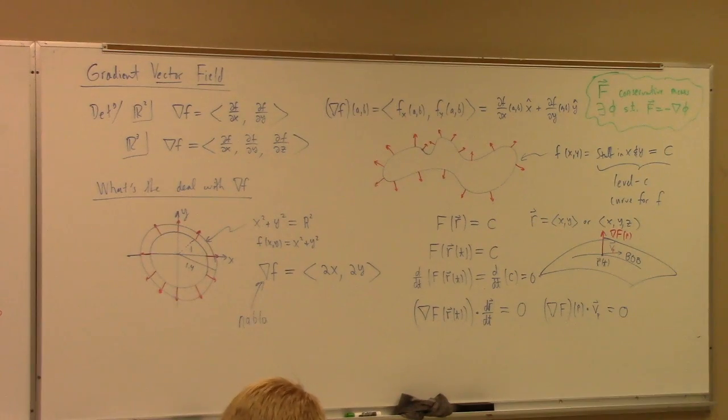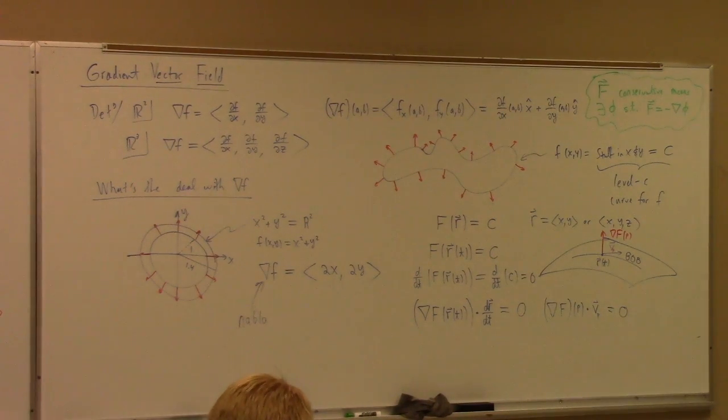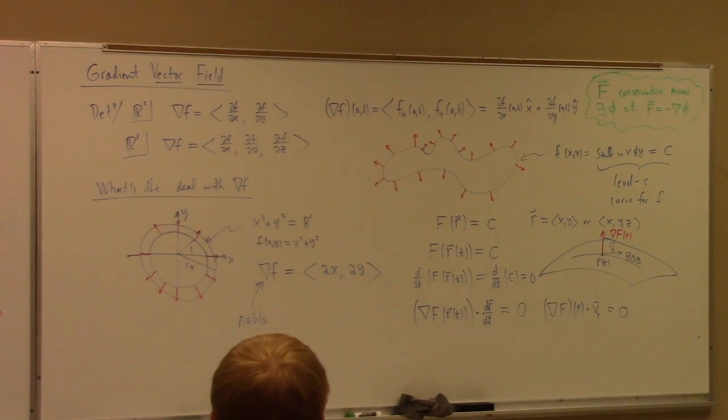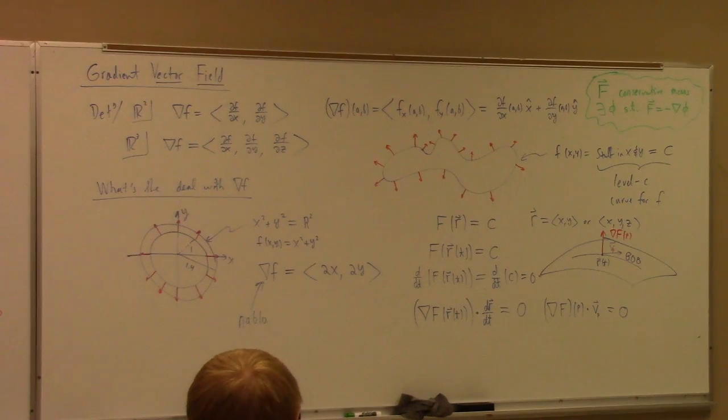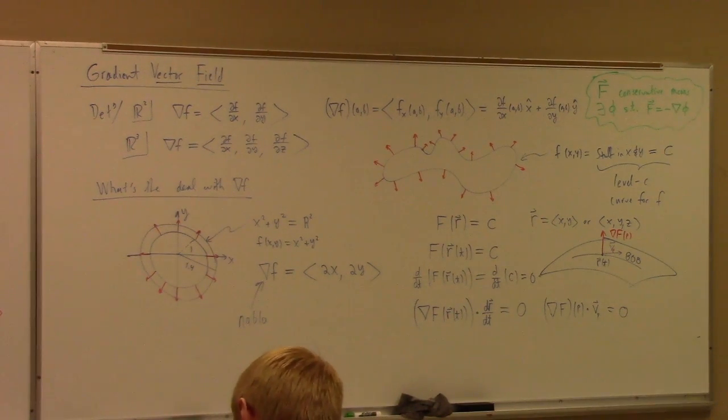This comment I'm making: if you describe something as the level set of a function of several variables, and you take a path in that level set, the gradient vector to the level set will be perpendicular to the velocity vector of the path. That is tied to this idea that you're leveling up.